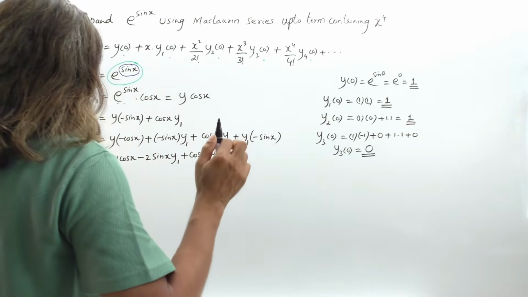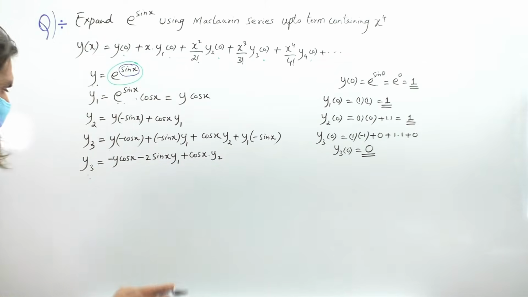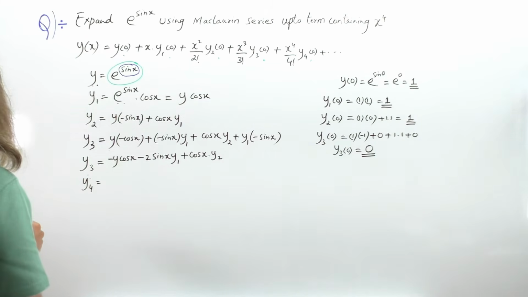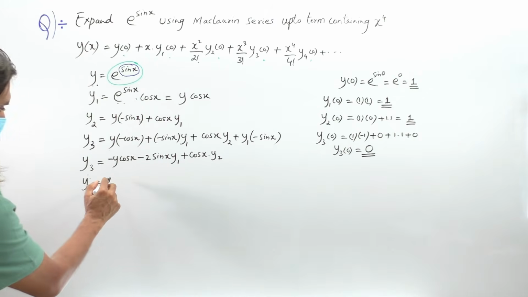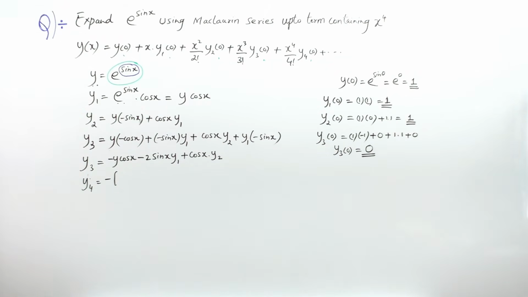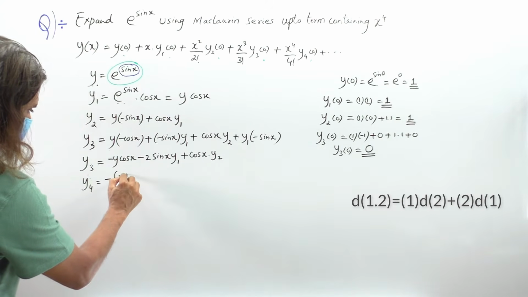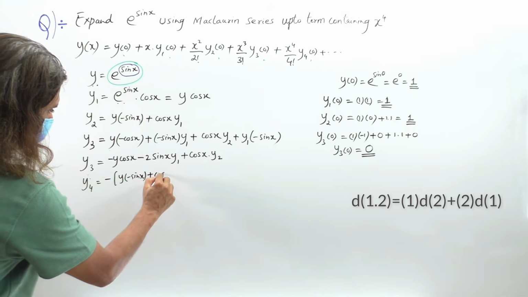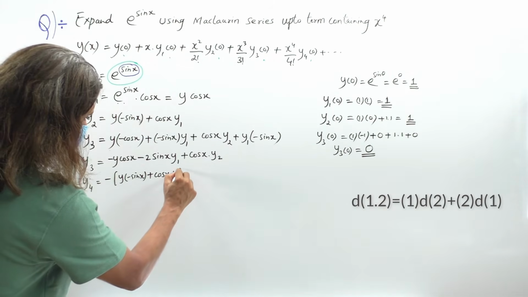So again there will be 3 product rules here. So y4 is equal to, see, minus, take outside, put a bracket. Product rule of y into cos x will be y as it is, differential of cos x is minus sin x, plus cos x as it is, differentiation of y is y1.